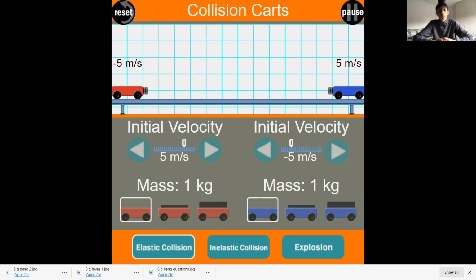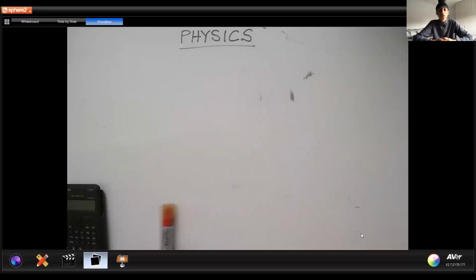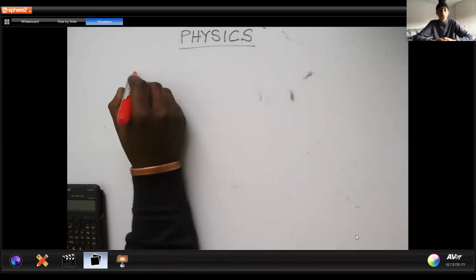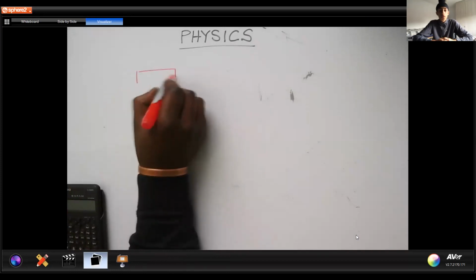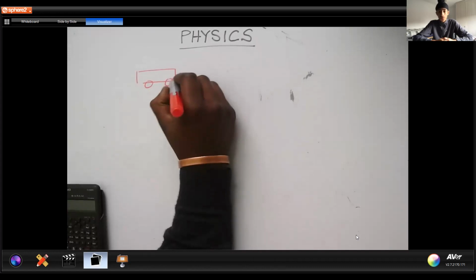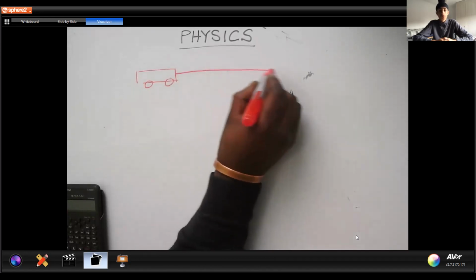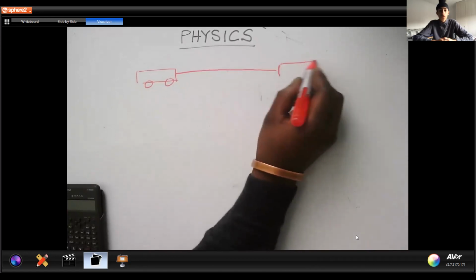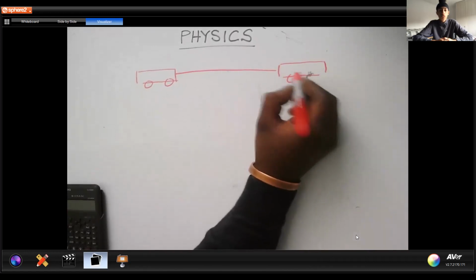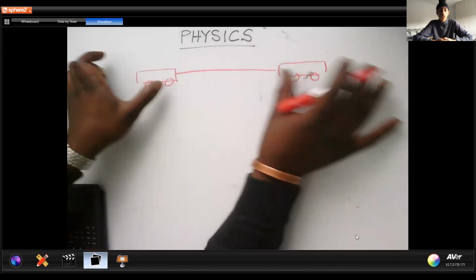So I'll bring you back to this board just to discuss the phenomenon almost as it were. So if I have two trolleys, let's imagine that I have not a spring as such, but an elastic band. And I stretch it so that it's really tight.